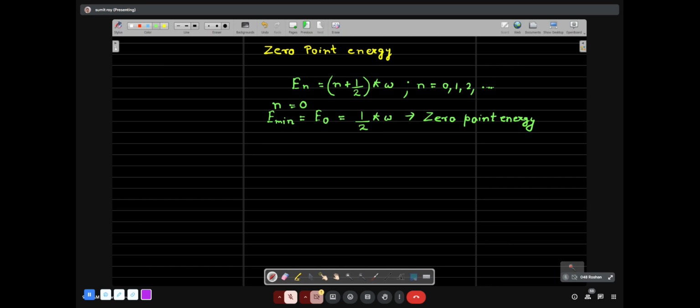Now, there is some significance related to this zero point energy. What is that significance?